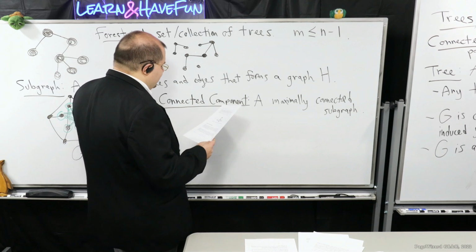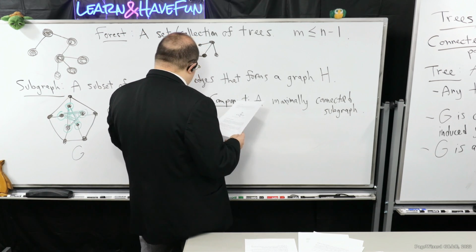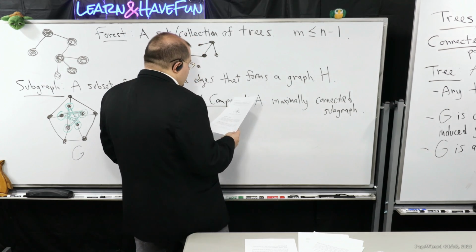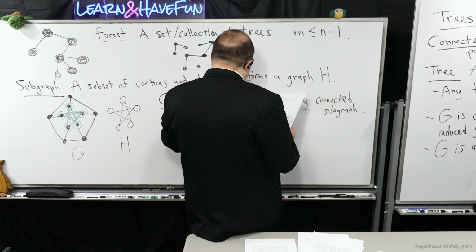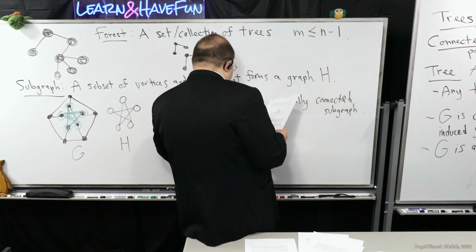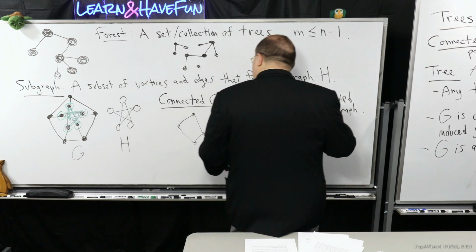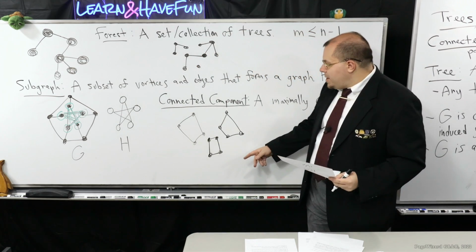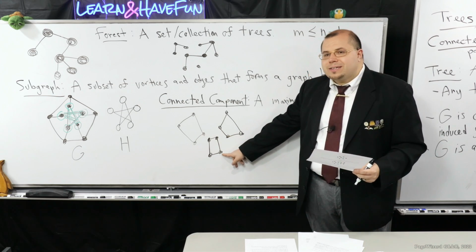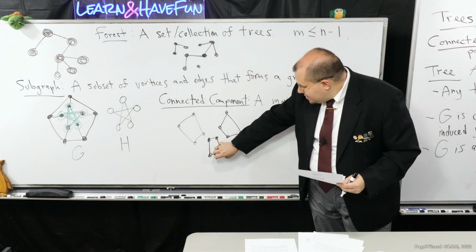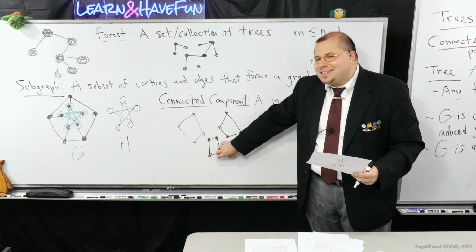Just as a quick example, suppose I have the following graph. Notice if I pick any one of the vertices here, here, or here, and I try to extend my subgraph, say I start off with just one isolated vertex, it's not maximal, right?